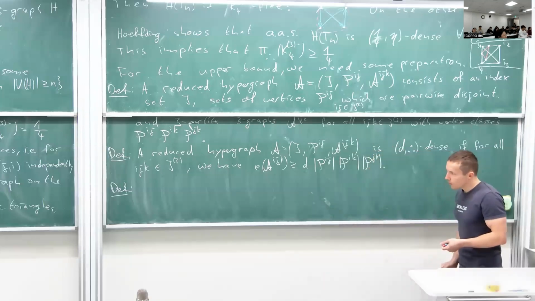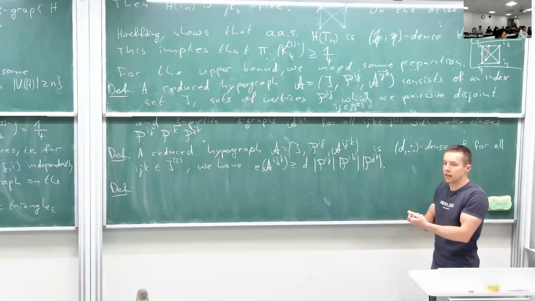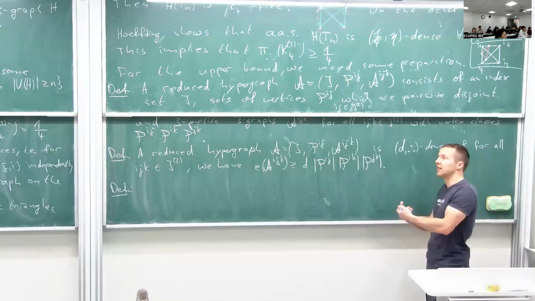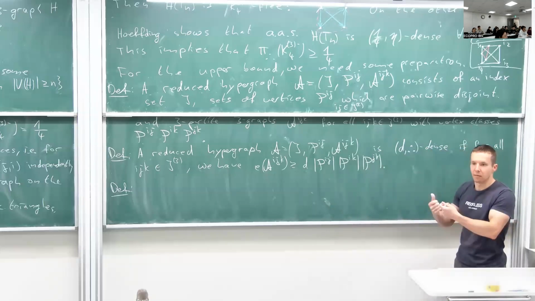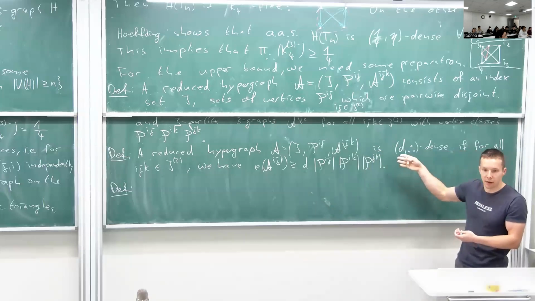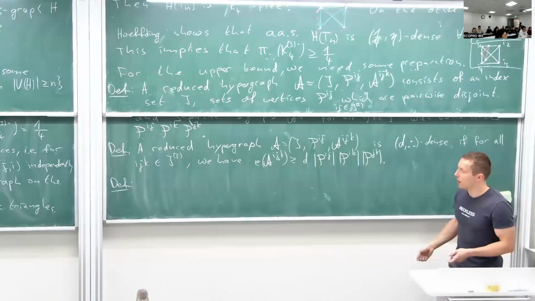And that situation comes from the embedding lemma. And again, for graphs, the embedding lemma and therefore the reduced graph looks just like a normal graph. But here for the hypergraph embedding lemma, we need a more complicated situation.